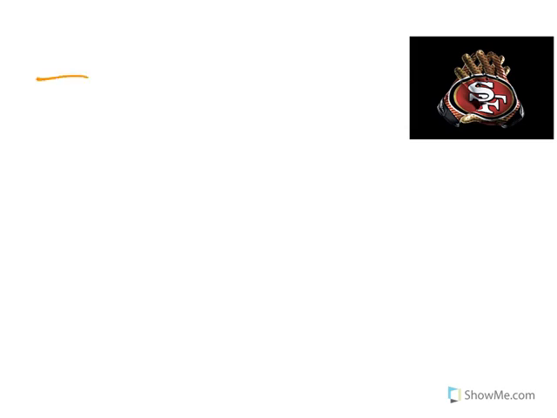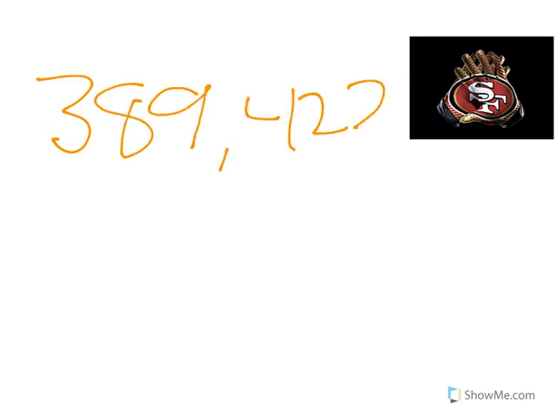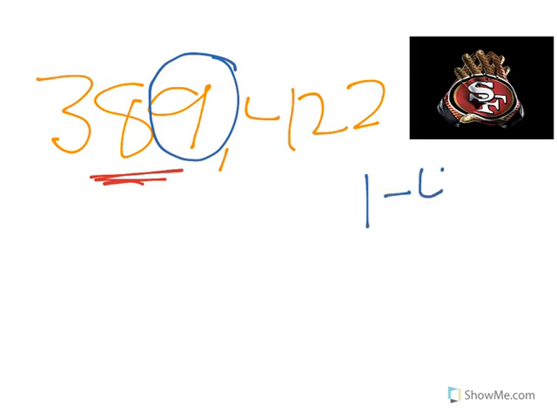Now, all you're really going to do in this lesson is round. So I'm going to have a number like 389,422, and if you have an underlined digit, that means that's the number they want you to round. So remember the rule. I'm going to look at the number on the right of it. If it's 1 through 4, the underlined number stays the same.